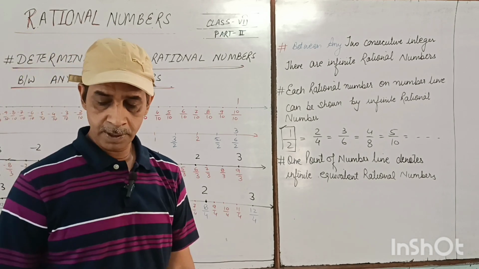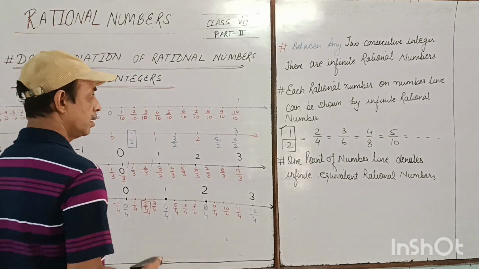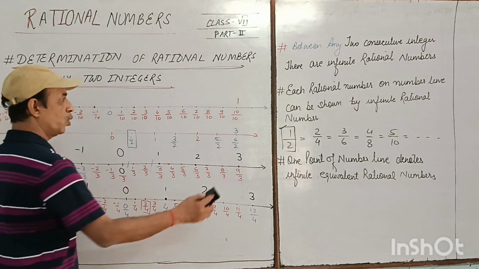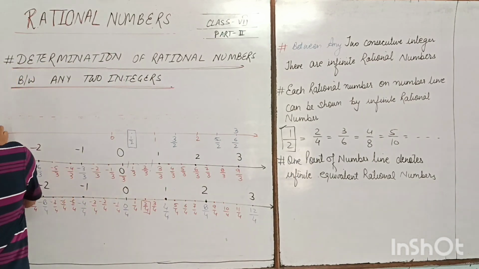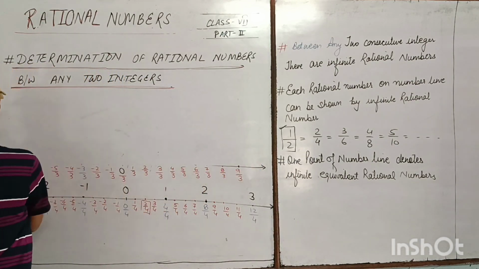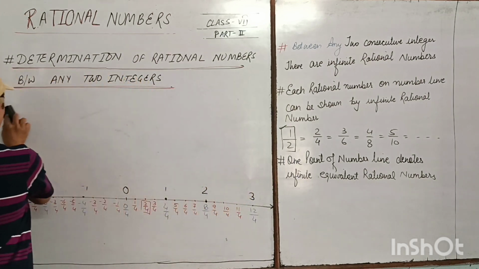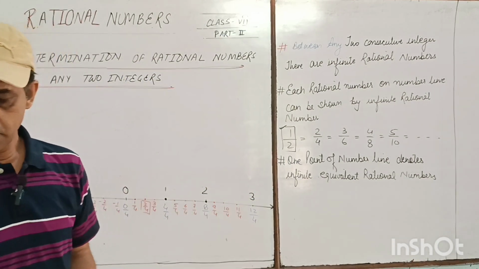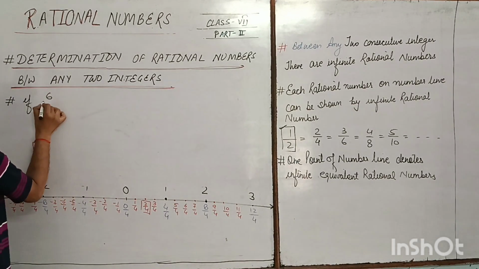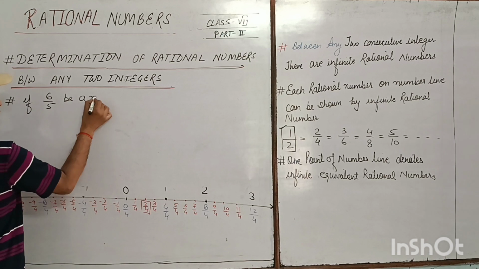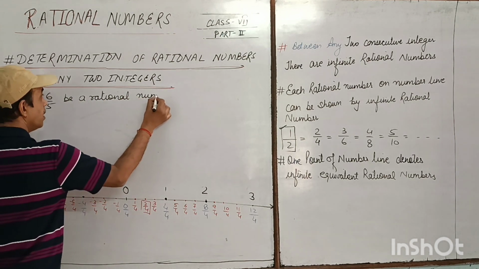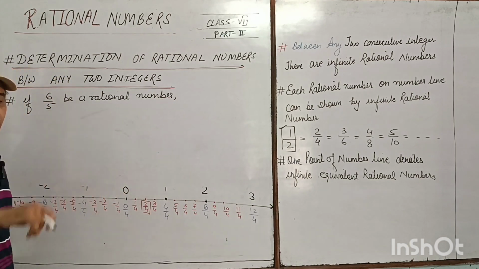Chalo, let's see one more thing. Note it down if you want to; you can also pause the video to note it down. Let's see, if 6 upon 5 is a rational number, we have to show it on the number line.